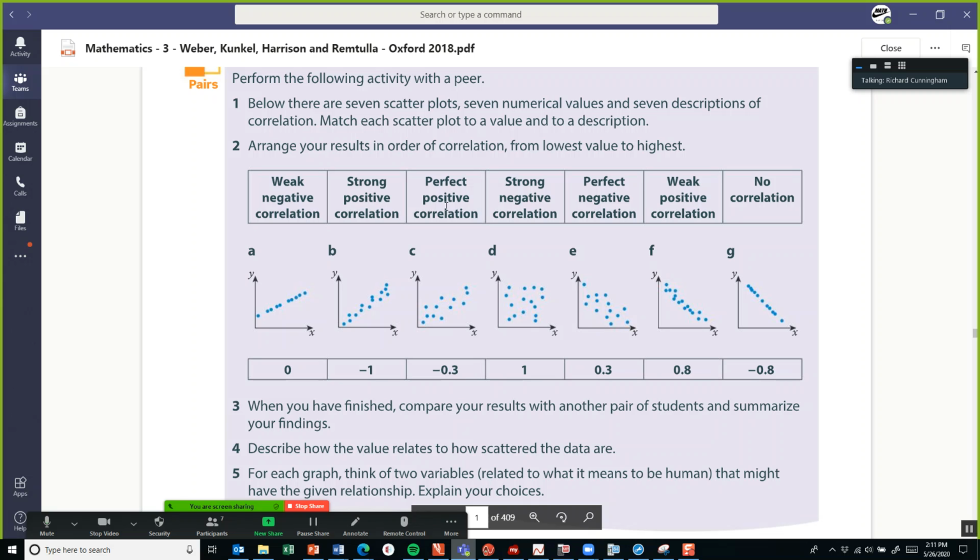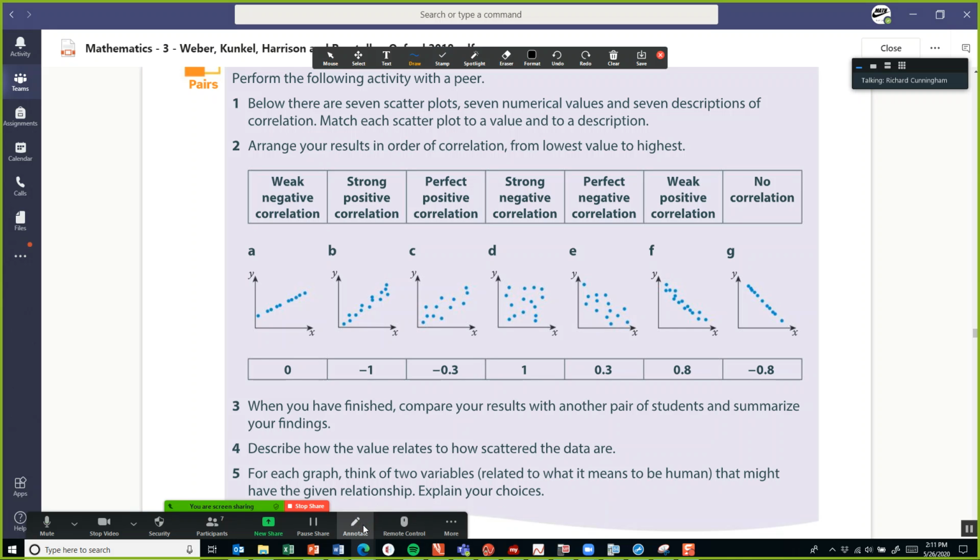If it's negative, are the dots going to go upwards or downwards? Yeah, they're going to go downwards. If it's positive, the dots are going to go upwards. So let's look at the first one, weak negative correlation. Which one of these do you think would be a weak negative correlation? Okay, D possibly.